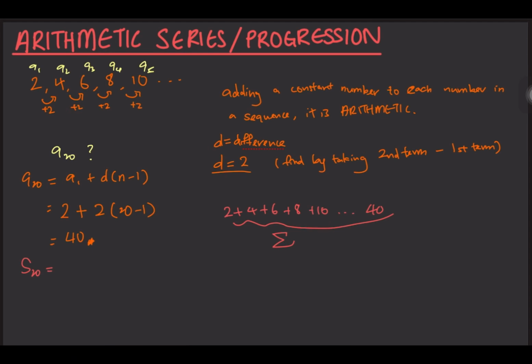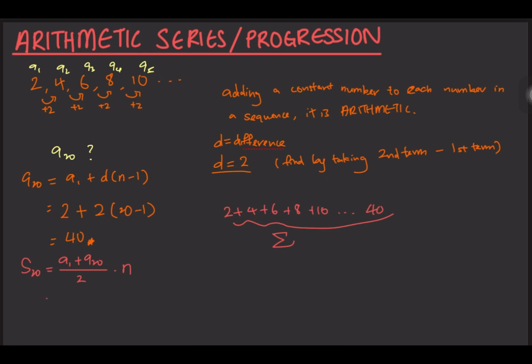So basically what we do is we take the first term plus the last term, A20. Then we divide by 2 and we multiply by the number of terms in the sequence, n.